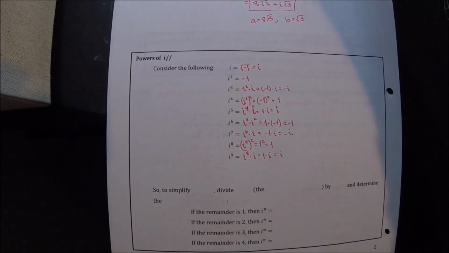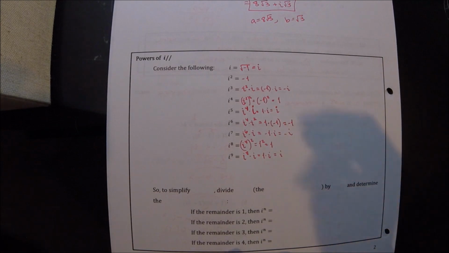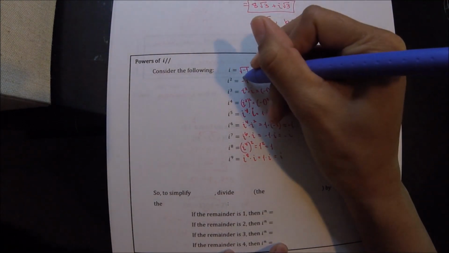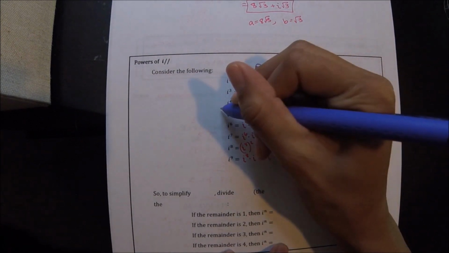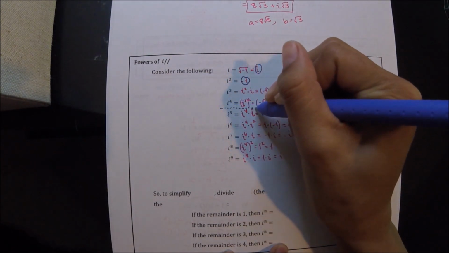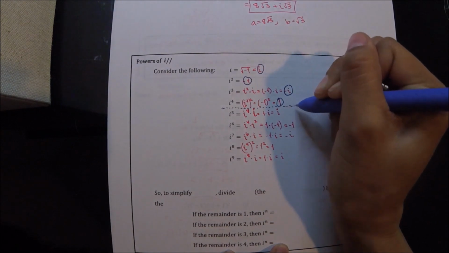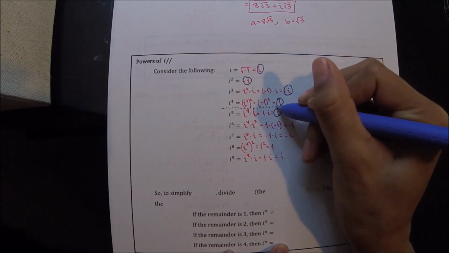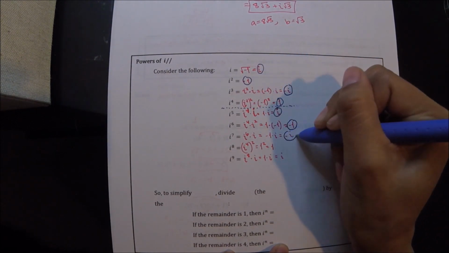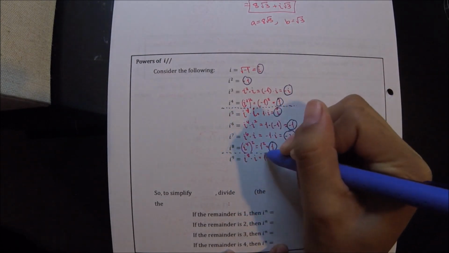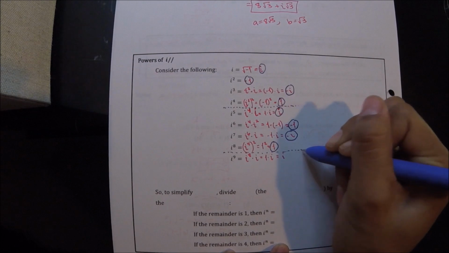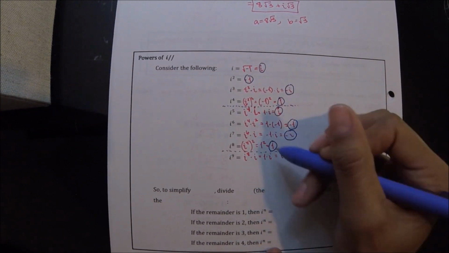So there's actually a pattern happening. We have i, negative 1, negative i, 1. And then we have i, negative 1, negative i, 1 again, and then we're back at i.